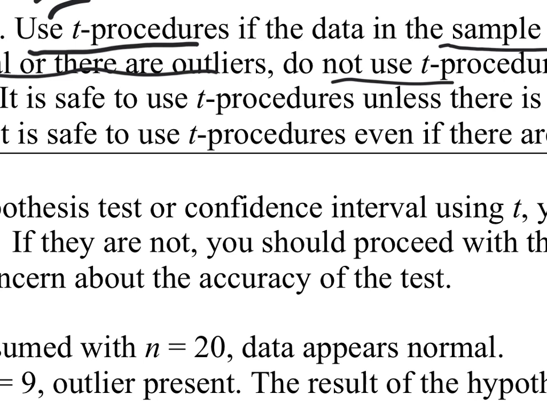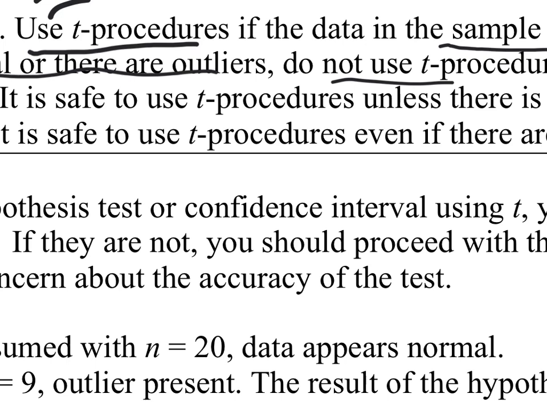If you could say it's almost normal, except for a few bad pieces of data, then go ahead and use it. But you might want to put a picture down and say, it's got some skewness, but I'm still going to run the T procedures. It might be skewed a bit, but I don't think it's skewed enough to hurt it. That's just your call. You make that decision.